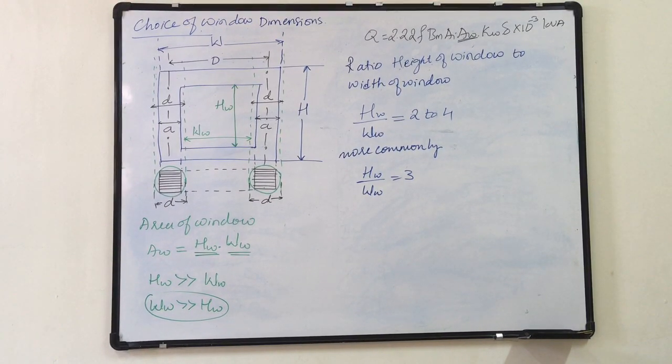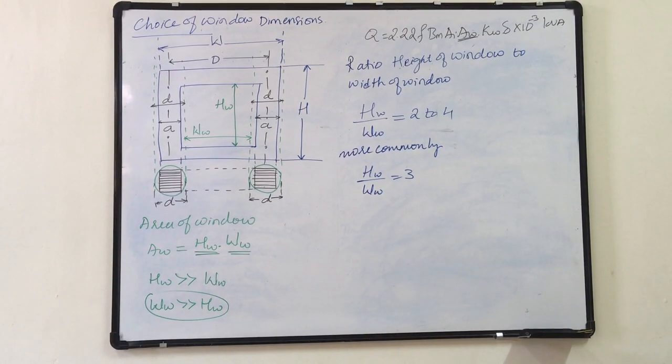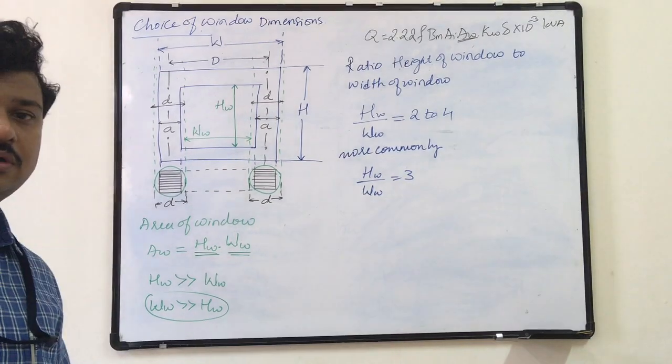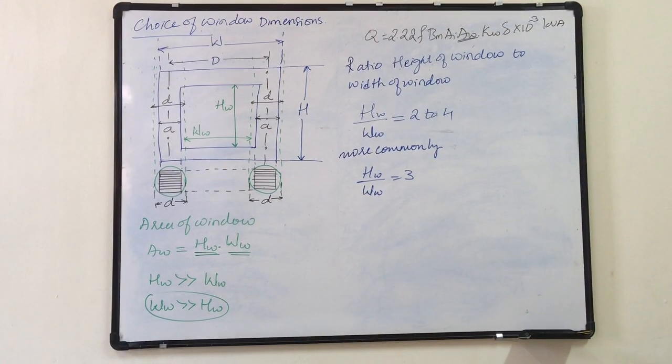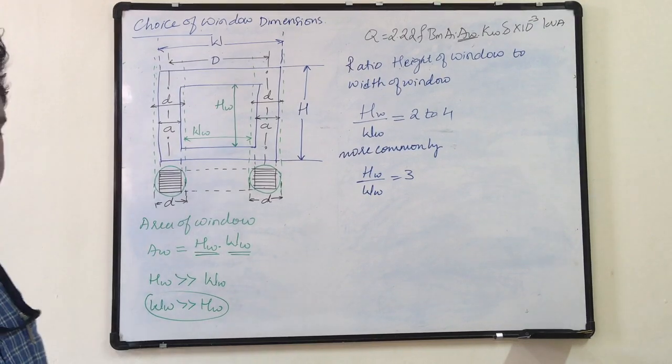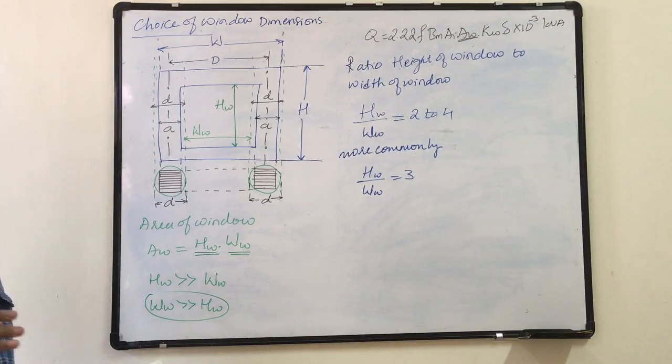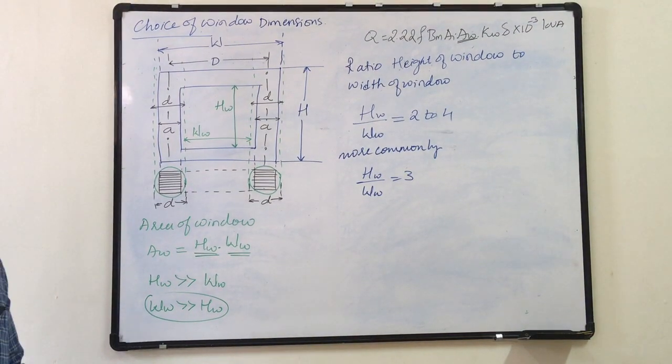Next we'll see a small derivation where we see what should be the width of window for the maximum output to be obtained by the transformer. Maximum output in the sense maximum active power. My total power is the same: E2 I2 is the same as E1 I1, or V2 I2 is the same as V1 I1.